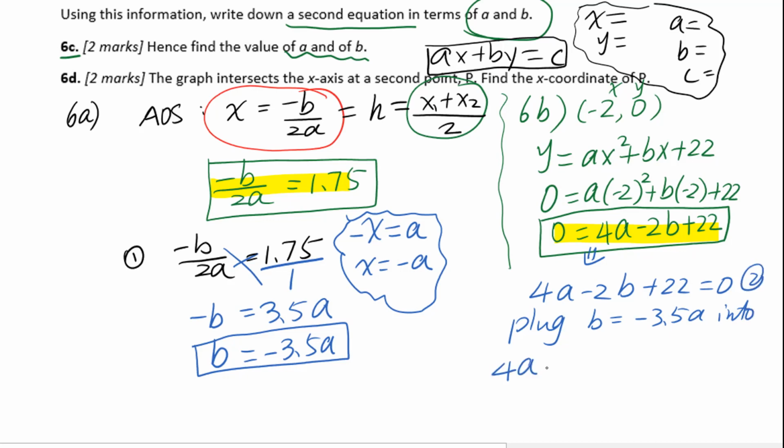So you have 4a minus 2 times negative 3.5a plus 22 equal to 0. 4a plus negative 2 times negative 3.5a is 7a, plus 22 equals 0.